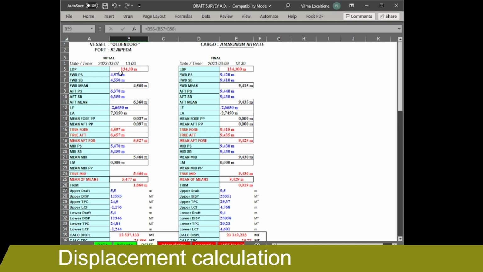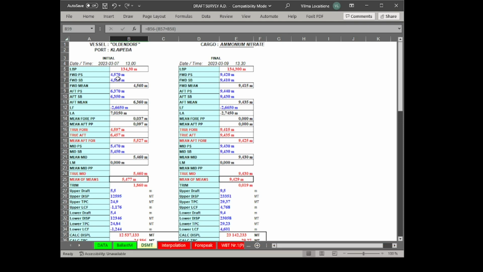There are real readings from forward draft marks, from the middle draft marks, and from the aft draft marks. And there we can see in black color the means of these figures.